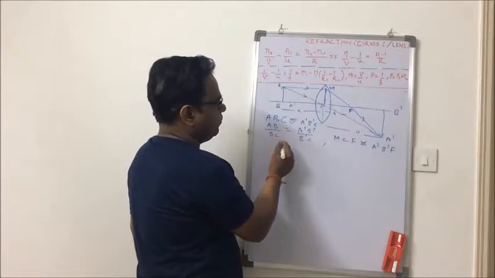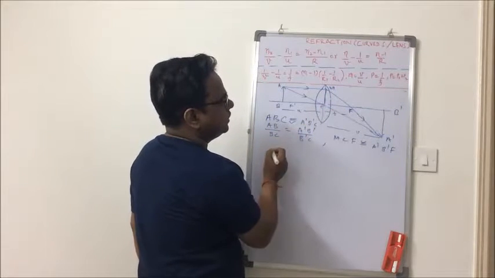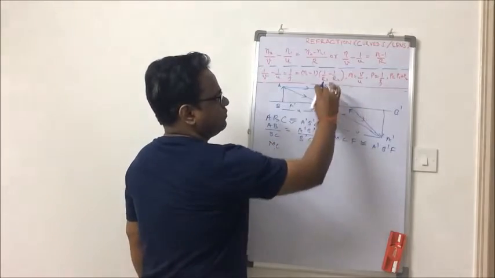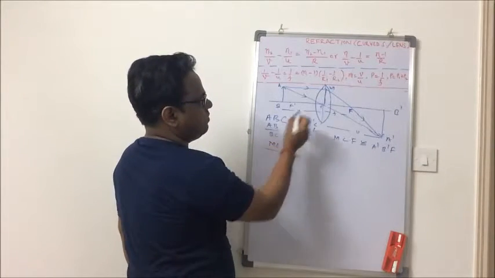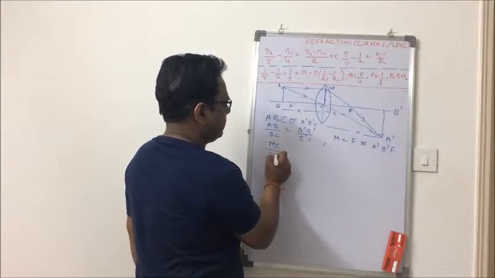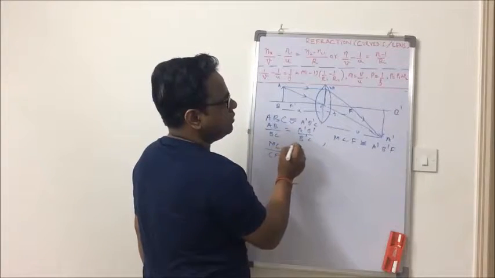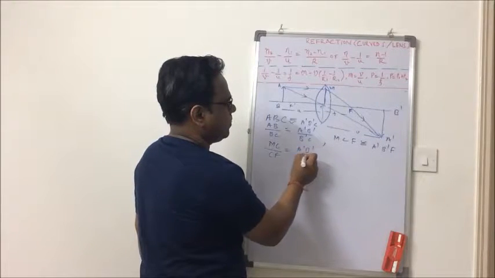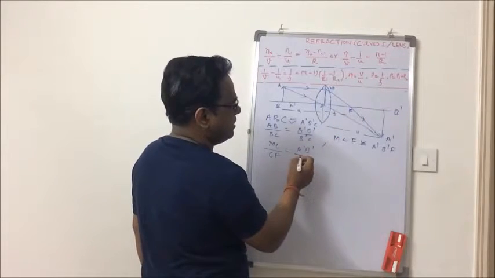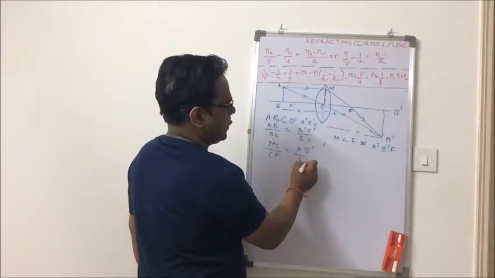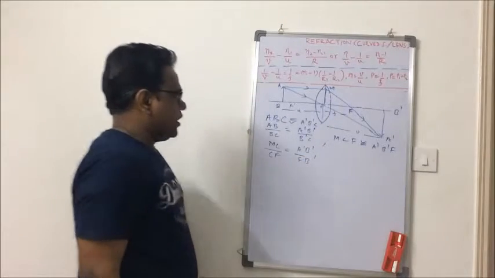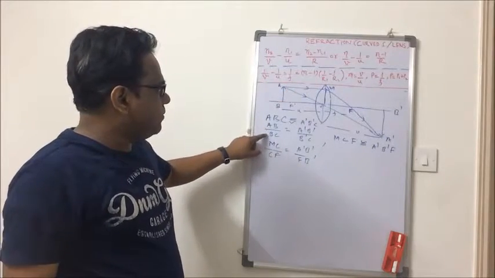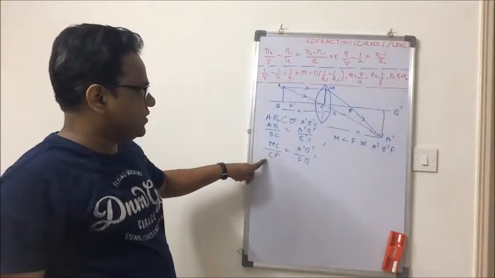So one more time we will have AB, here we will have MC, this MC divided by CF equal to A dash B dash divided by FB dash. Because AB and MC would be same, AB divided by BC would be equal to MC divided by CF.